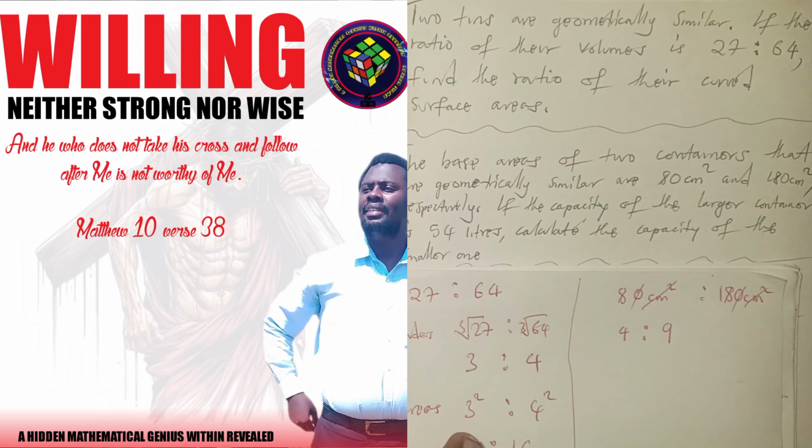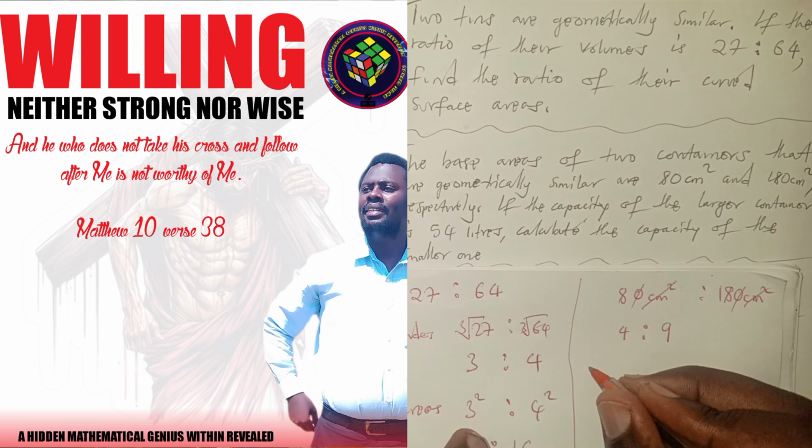Okay, now what we are looking for is volume. So to get volume, we're supposed to have a ratio of volumes. And here we have a ratio of areas. So this ratio of areas should be converted to a ratio of sides. Then from the ratio of sides, we take it to the ratio of volume.